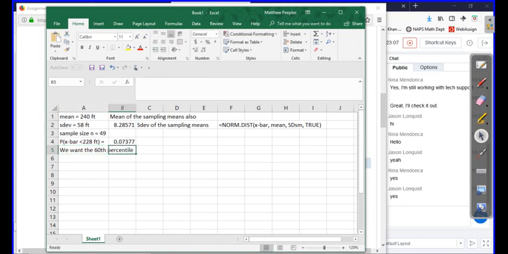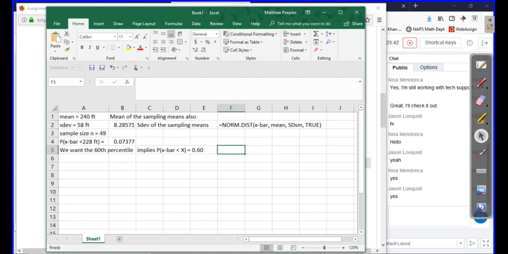And what that really means is that whatever value of our average it is, our x bar less than that value of x is already equal to 0.60. So in effect, we're working backwards. What is the x bar that goes with that given probability? So the function that we're going to use right here is called a normal inverse function.